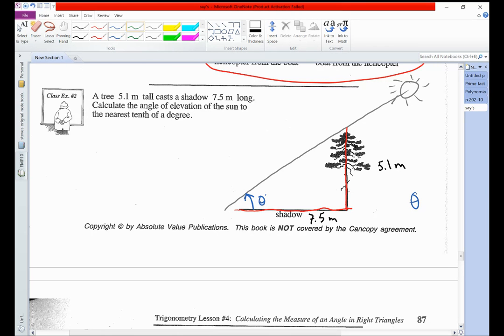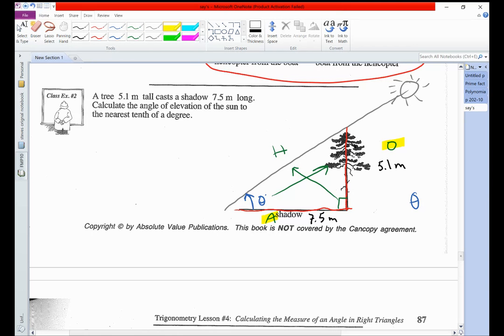Well, the tree side is the opposite because it's opposite from my angle I'm looking for. The long side of the triangle is across from the 90, so this is my hypotenuse, and that makes this one here my adjacent. So I'm trying to find an angle, and I have my opposite and I have my adjacent.